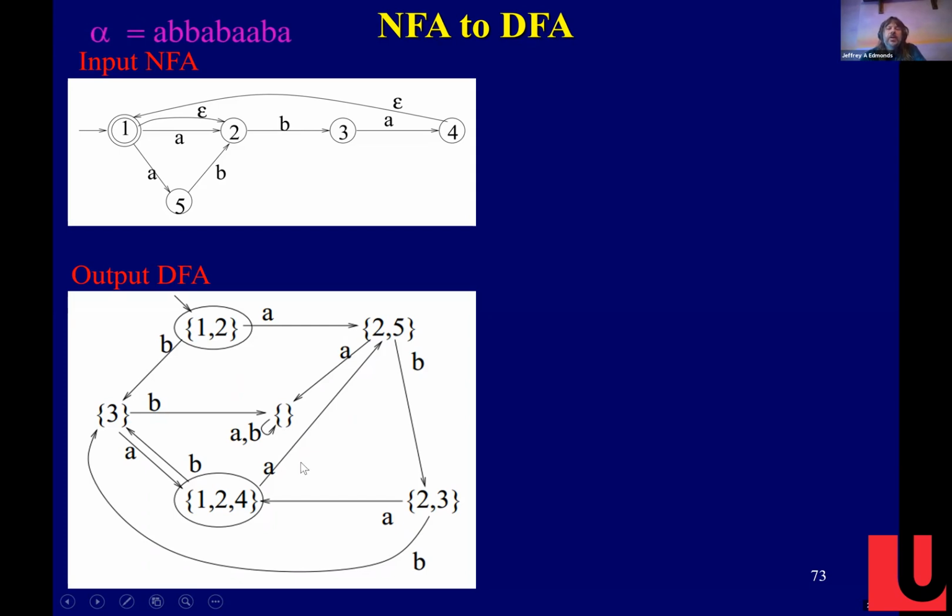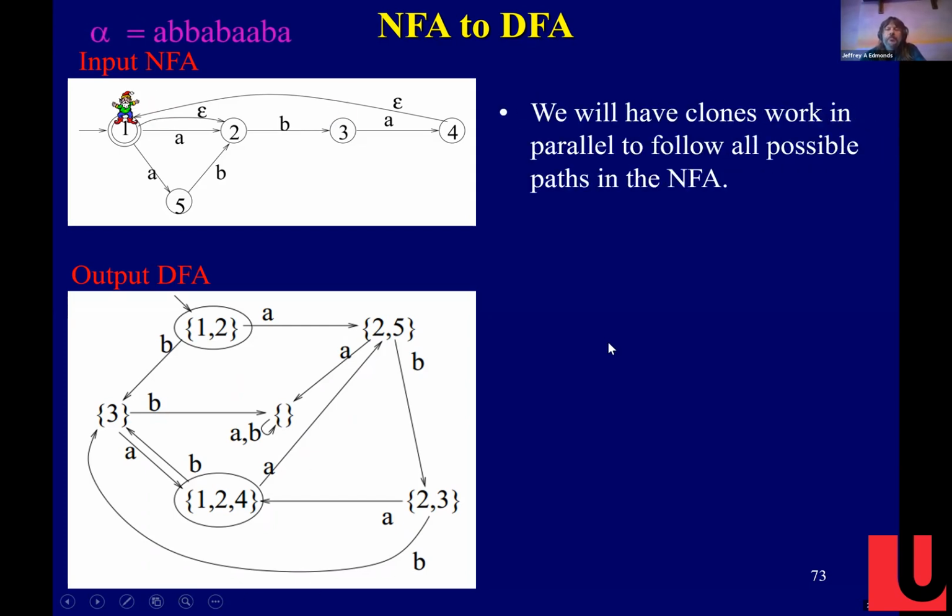And the way we do it is I like to think about we have clones. The clones are going to run around the NFA, and at each point after we've read some things, we're going to have a clone on every state. If you've read some string alpha, then there'll be a clone on every state that the clone could get to if you've read alpha, right?